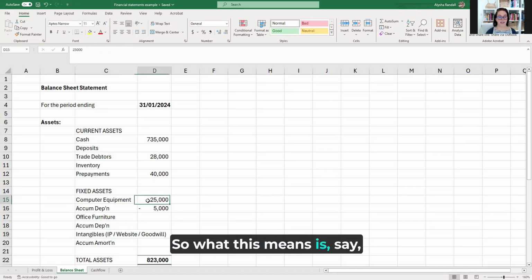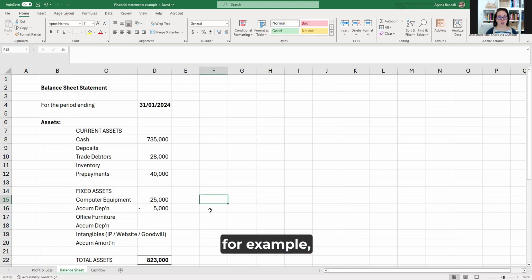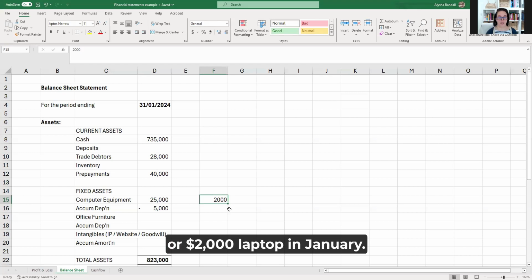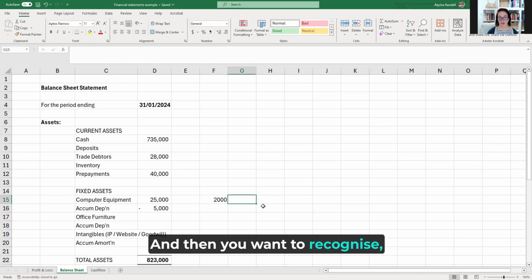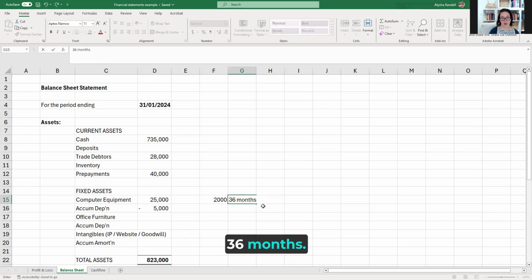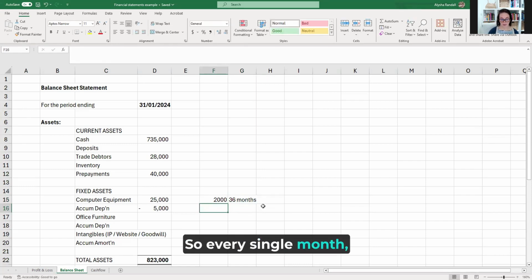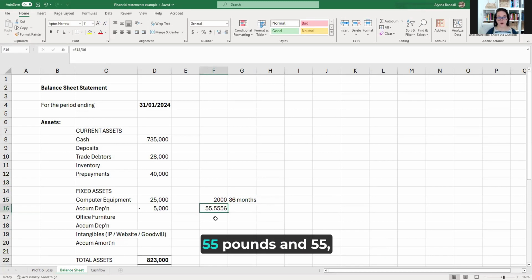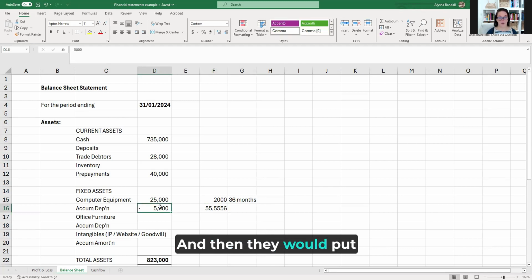So what this means is, let's just talk about one asset. Say you've bought a £2,000 or $2,000 laptop in January, and you think that laptop's going to last for 3 years, 36 months. So every single month, your accountants will recognize £55.56 in the P&L, and then they would put the other side here.